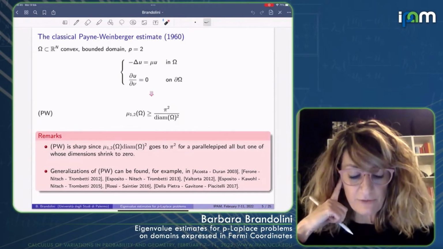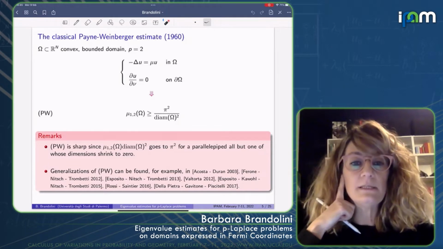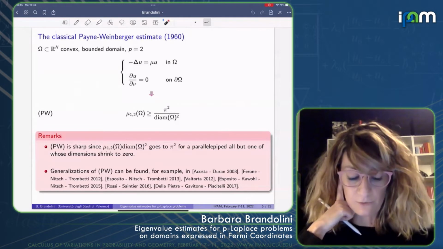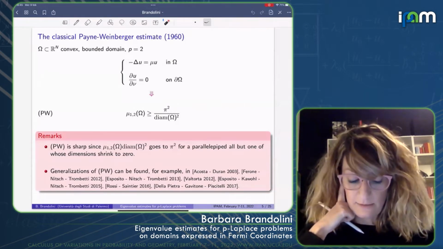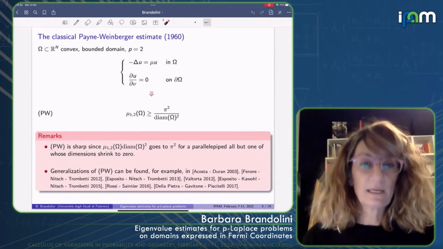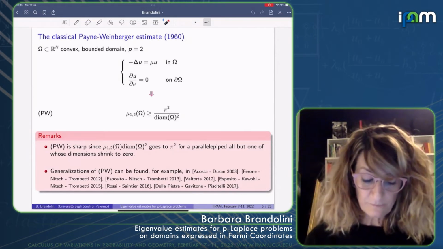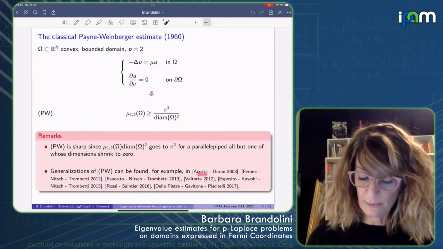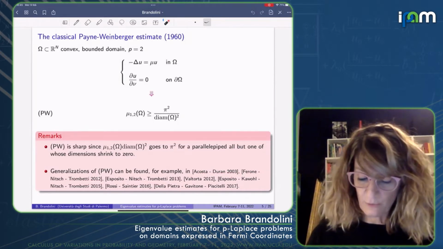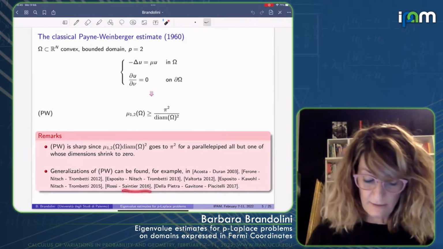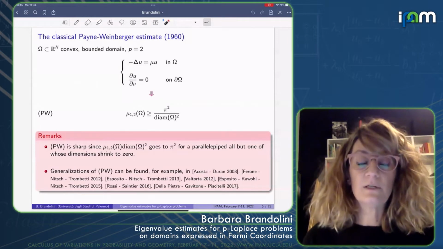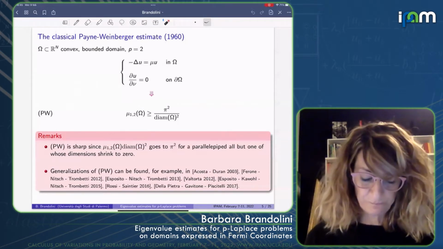But differently from the previous Szegő-Weinberger inequality, there are generalizations of this one to general p, and you have here a list of many papers connected with this kind of argument. For example, when p is equal to 1, p is between 1 and 2, p is greater than 2, or p is infinity, or in the anisotropic setting, or on manifolds with non-negative Ricci curvature.